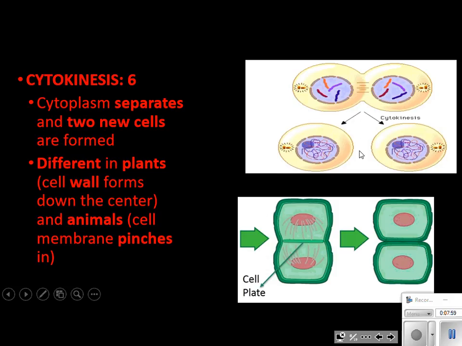Once that happens, the cell splits into two different cells, and you can see that the nuclear membrane is almost reformed here. So we almost have a new nuclear membrane and two cells, and we refer to these two cells as daughter cells.